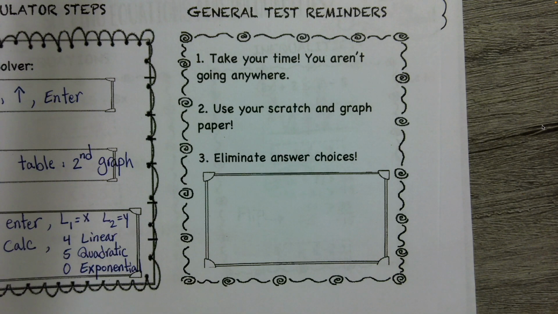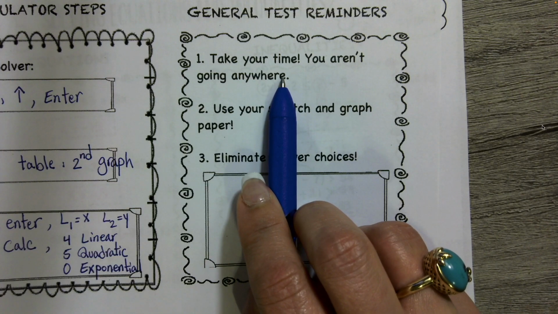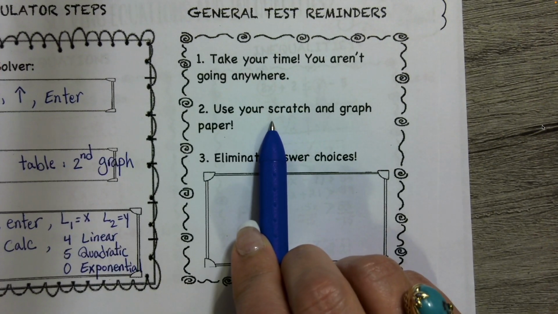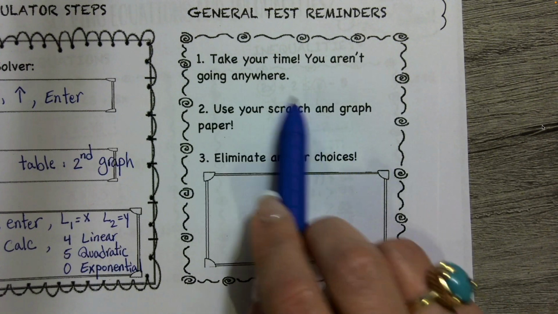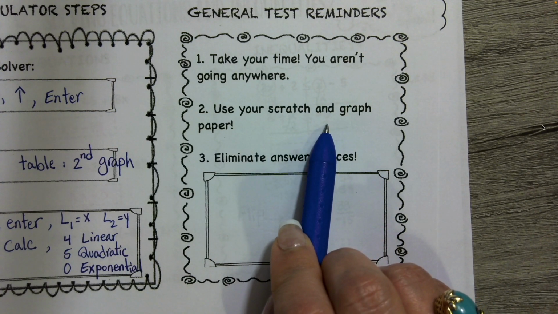If you don't have it, ask them to give you some. Don't be shy during the test. This is a very important test. If you don't pass this test, you have to take it until you pass it. So let's say it's your senior year and you're still not passing this test, you cannot graduate. So take your time and ask for anything you need, scratch paper or graph paper, okay?